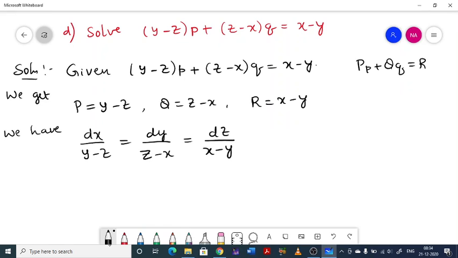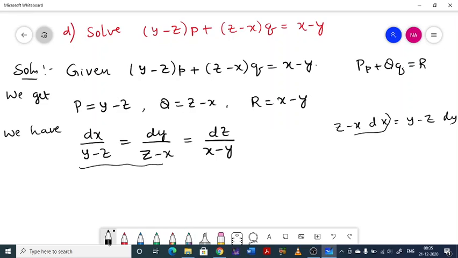Now see, suppose we consider this pair, then you get z minus x into dy equal to y minus z into dx, y minus z into dy. See, this involves z, this involves also z. We can't apply separation of variables here.